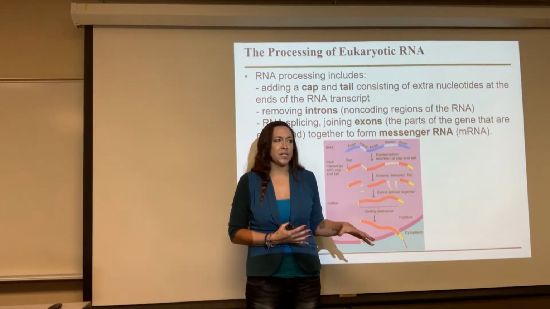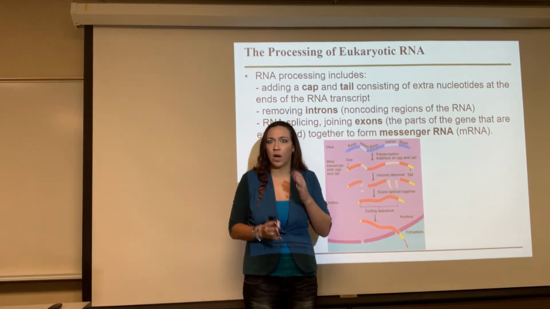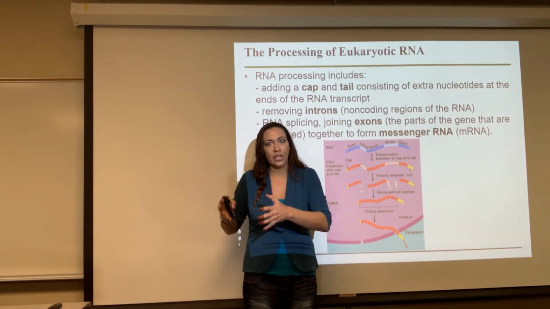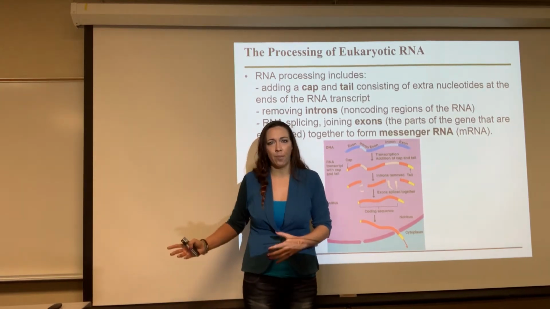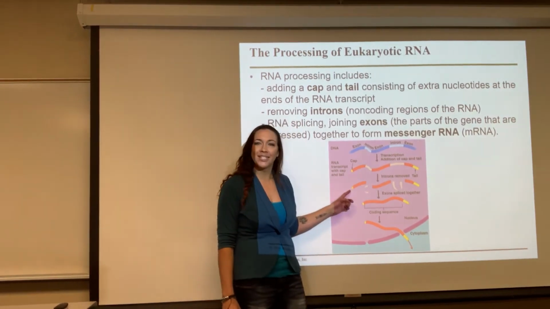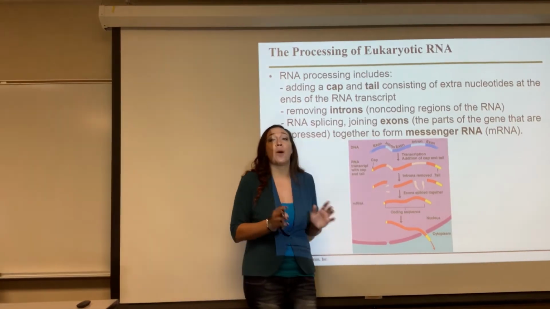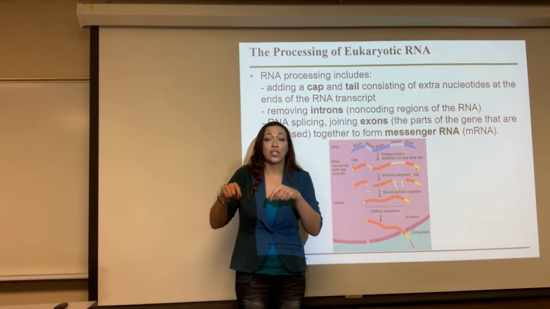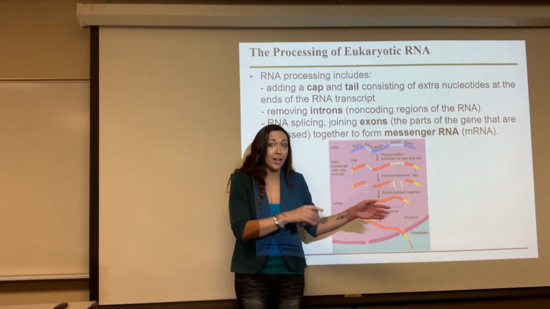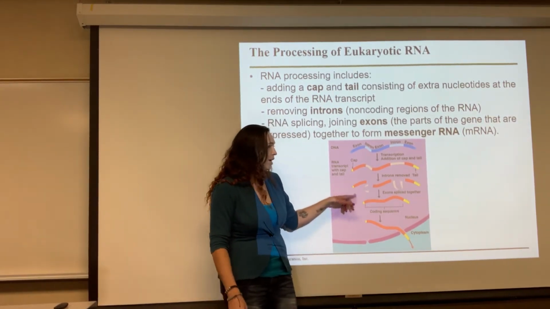We're going to learn about this in just a second, but you don't want to start on the wrong letter. If you're supposed to start on A, you need to start on A. If you start on a different letter, things can get messed up. So this cap acts as a protective little beginning that helps bind to the ribosome and say, start here. Start making your protein here, not here. Okay, so that's what the cap does.